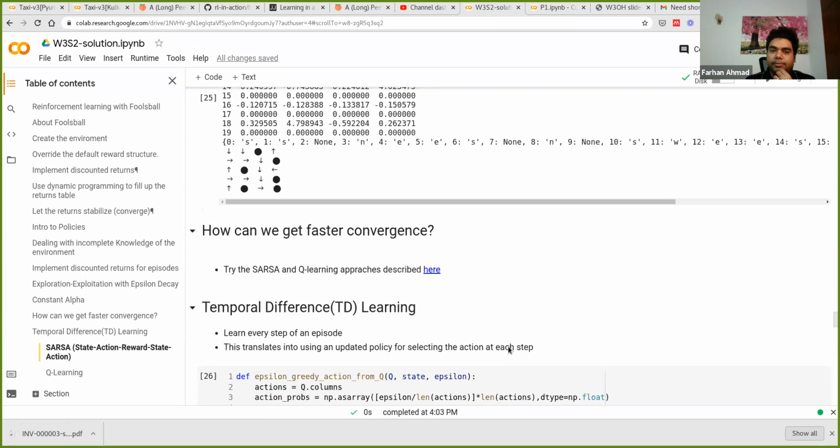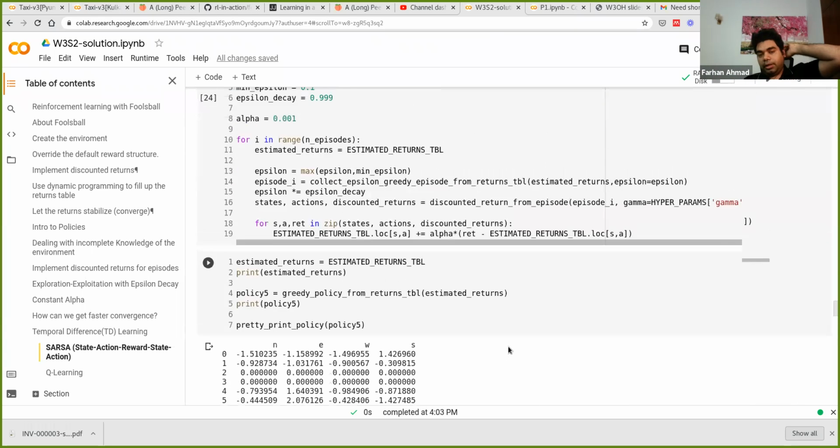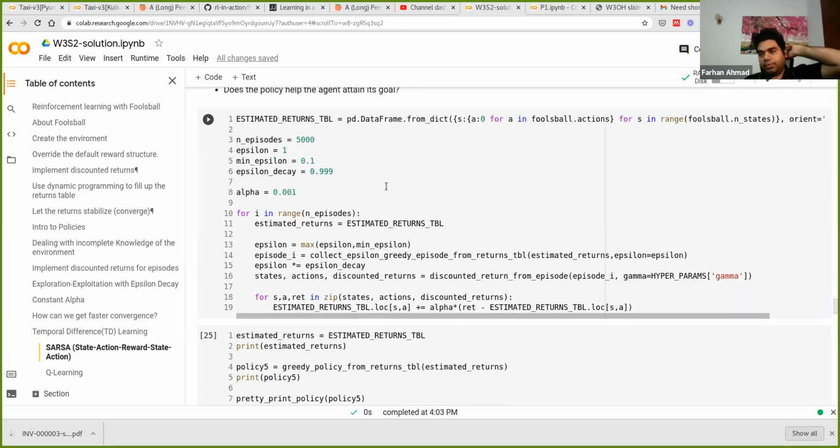Maybe both of them are able to converge in 2000 episodes, but 2000 episodes may take different time, because if one of the algorithms is learning much faster, then it will start taking efficient actions, or the best decisions, very quickly early on during the first few hundred or thousand episodes, and so the episode length will drop.